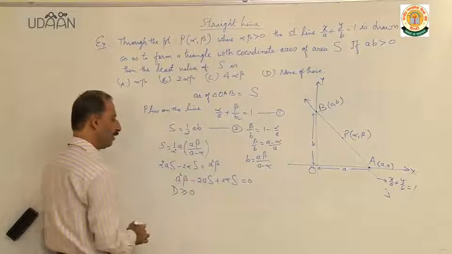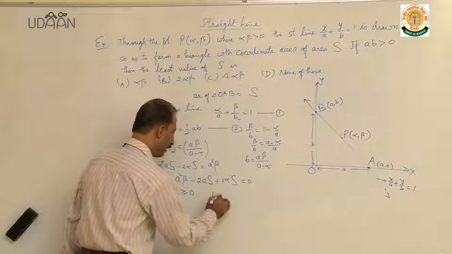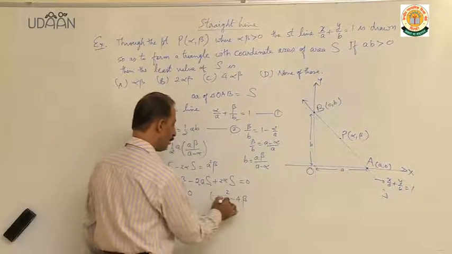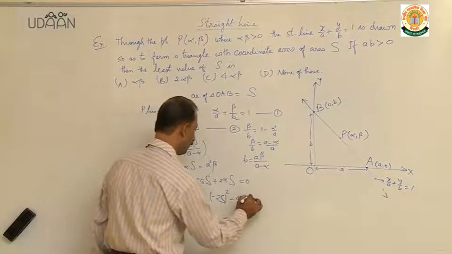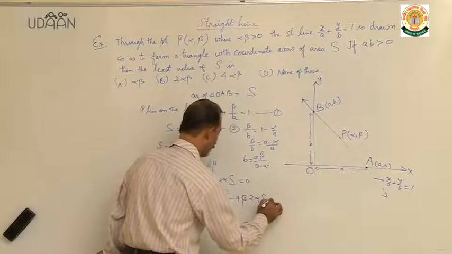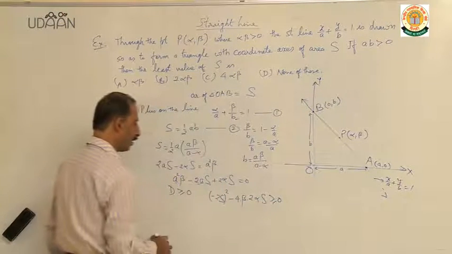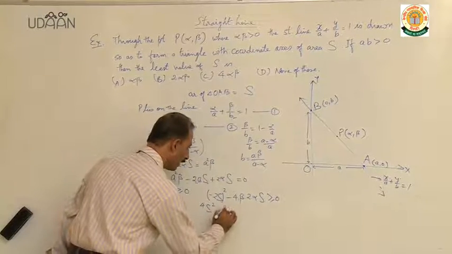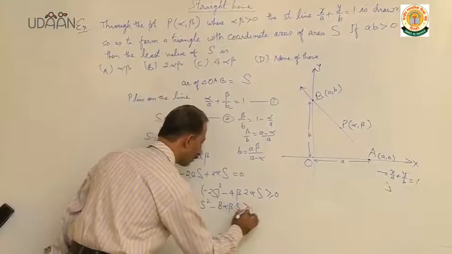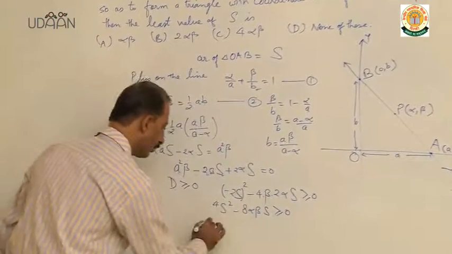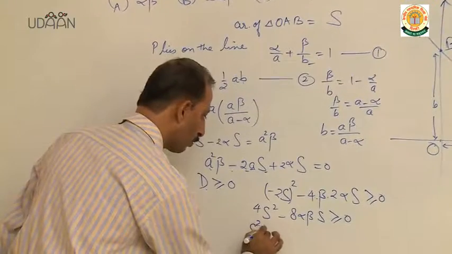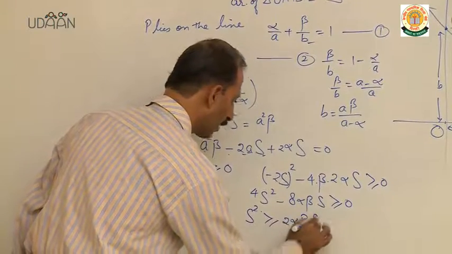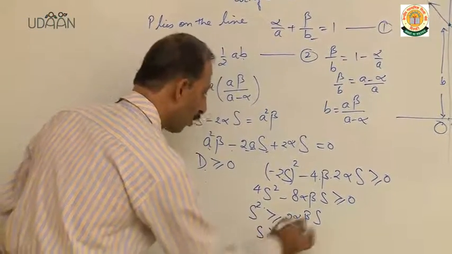So find out the discriminant value. You know b square minus 4ac. b square means 2S, the coefficient of a, whole square, minus 4 into beta into 2 alpha S, that should be greater than or equal to 0. Simplify this: 4S square minus 8 alpha beta S. If you transfer the quantity, you will get S square is greater than or equal to 2 alpha beta S. S will be cancelled, since S is positive.